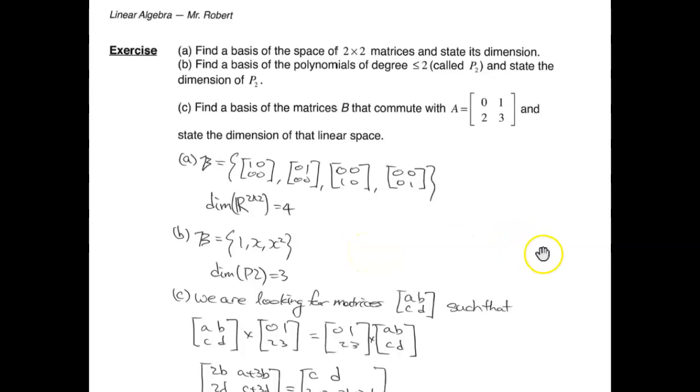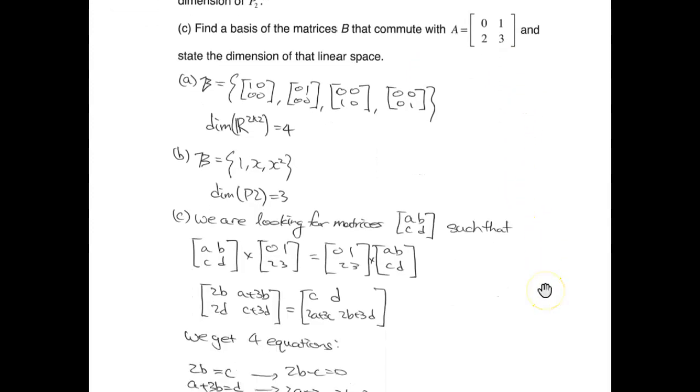3. Lastly, we also saw the example with matrices B that commute with A. If we want to find all of them, we are interested in finding a basis, because if we have a basis, then we know that the span of that basis covers all the solutions.